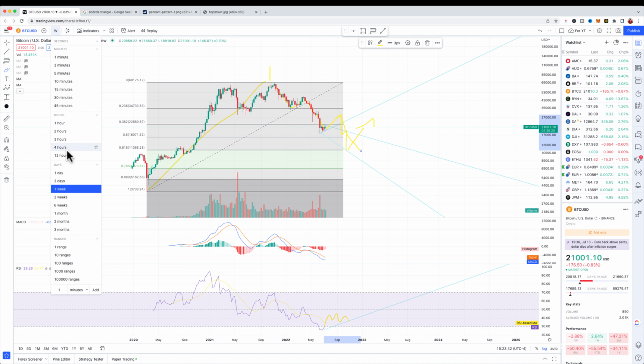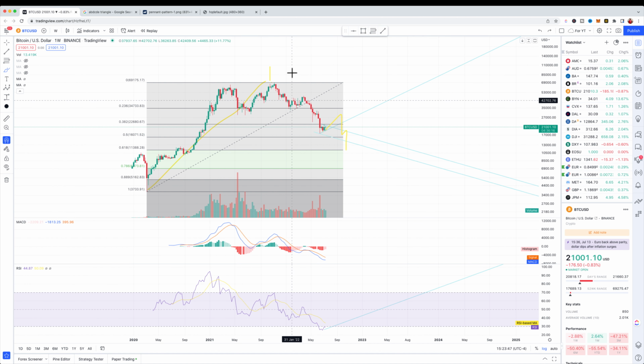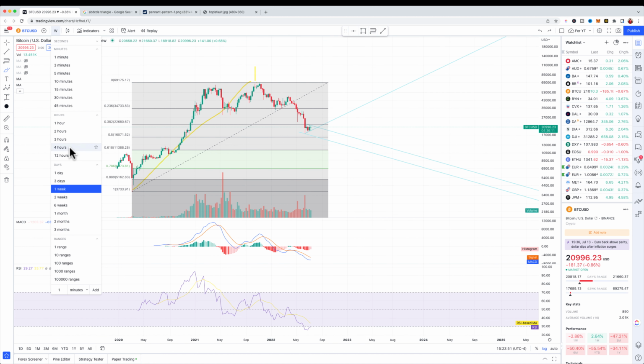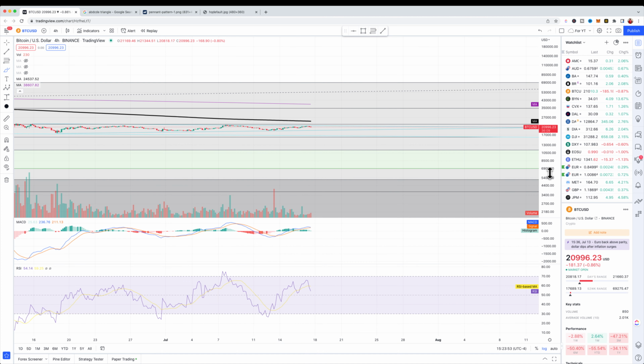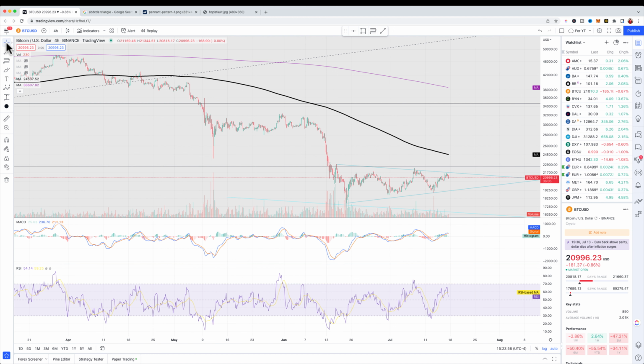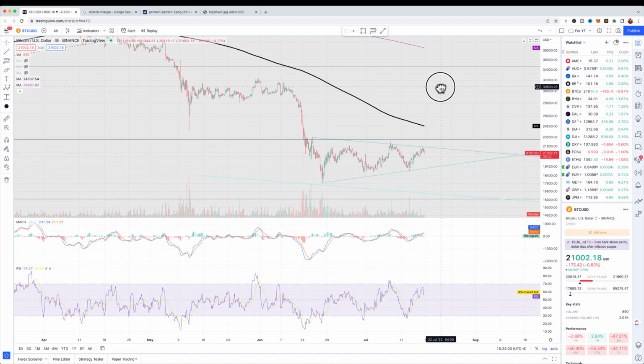But right now I am paying close attention to what's happening on this 4-hour time chart that we have, especially with this pennant forming. It looks to me very much like a corrective pattern.